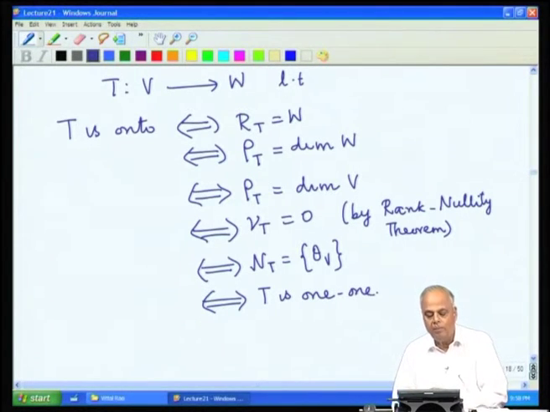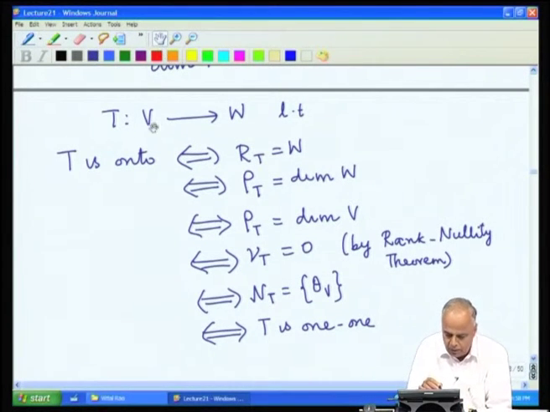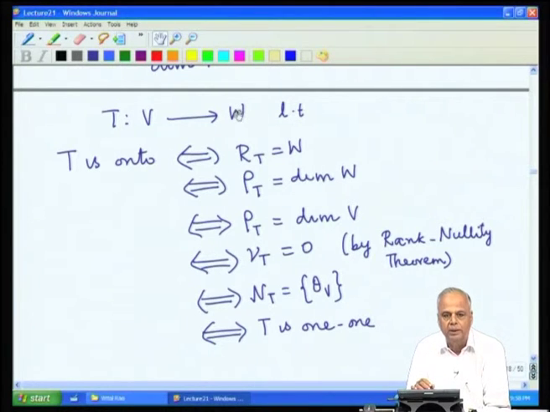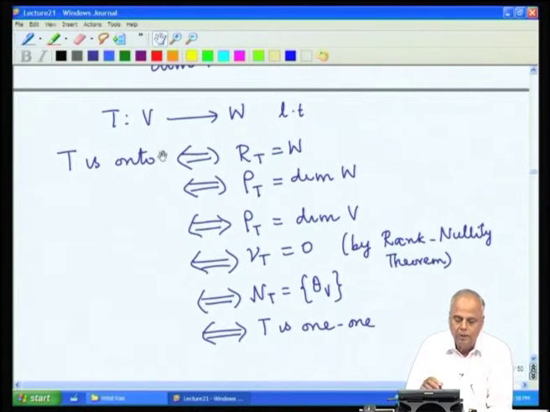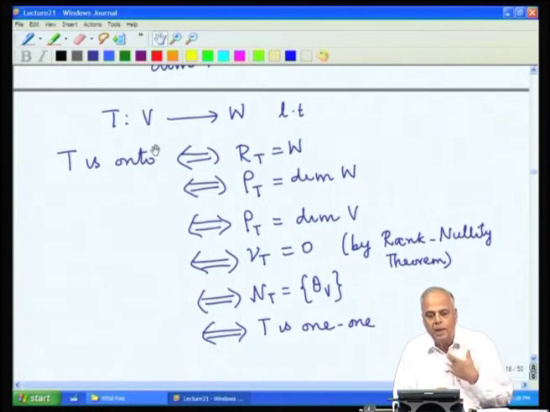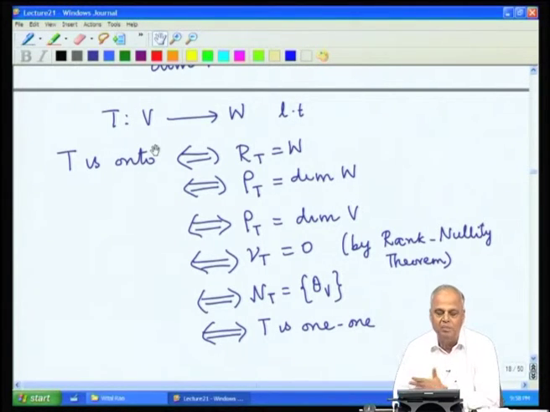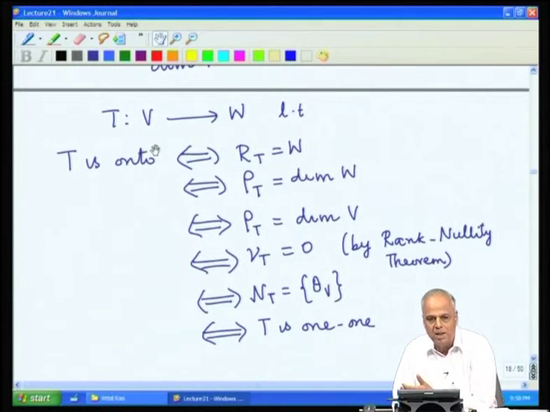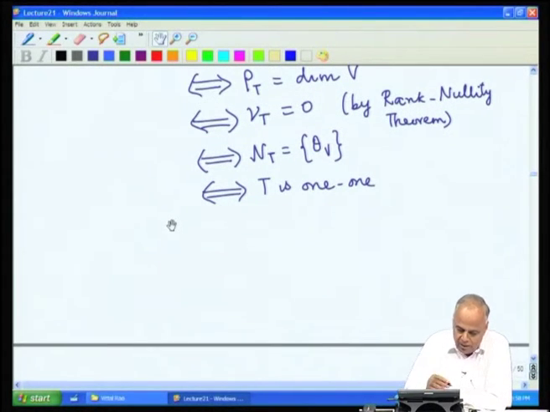So, what we have observed is that if we have two vector spaces of equal dimension, then the moment a linear transformation T is onto, it is also 1-1, and the moment a linear transformation T is 1-1, it is also onto. So, an onto transformation is automatically 1-1 and onto, and a 1-1 transformation is automatically 1-1 and onto. Therefore, every 1-1 transformation will become an isomorphism, and every onto transformation will become an isomorphism.